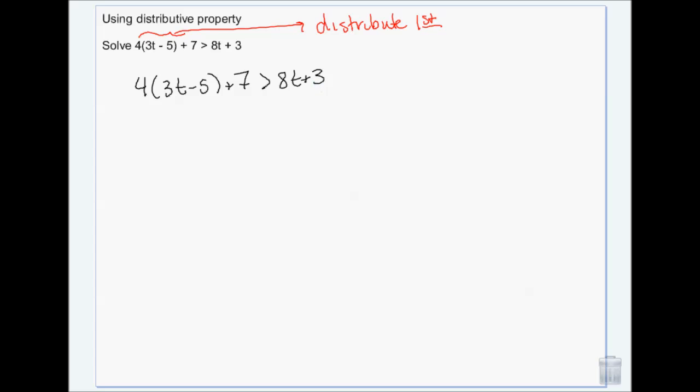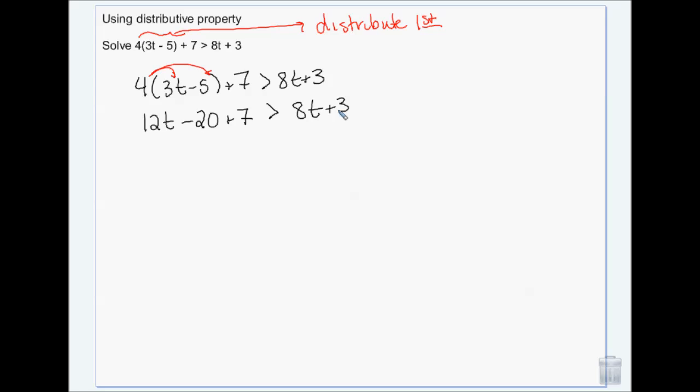I'm going to take that 4 and distribute it into the 3t and the 5. So I'm going to get 12t plus 20 plus 7. Oh, not plus 20, sorry, minus 20. That 5 was negative. So minus 20 plus 7 is greater than 8t plus 3.